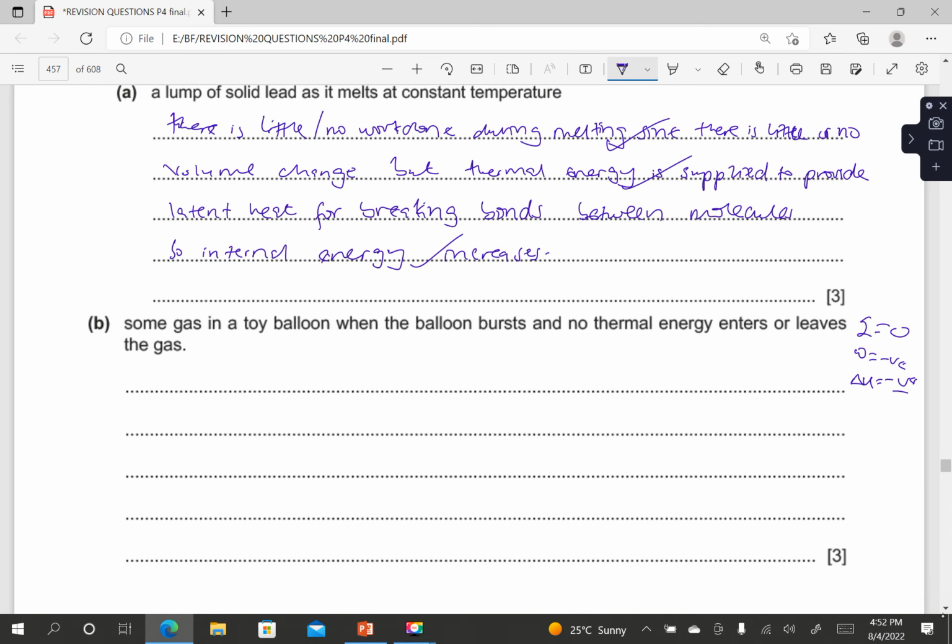So we can say there is a rapid increase in volume during the bursting, as the gas does work against the surroundings.